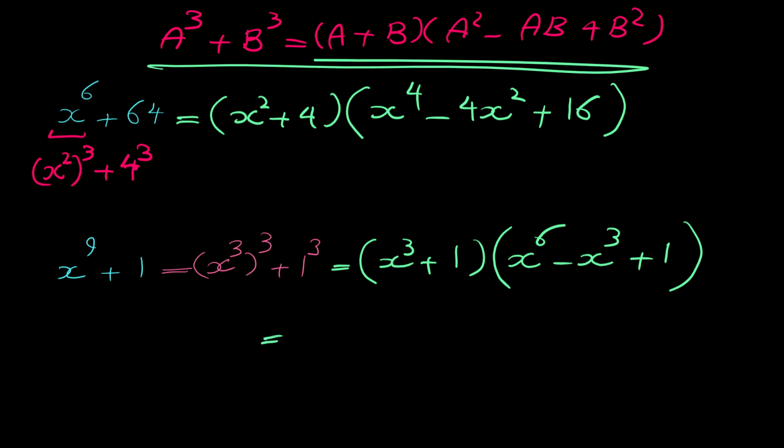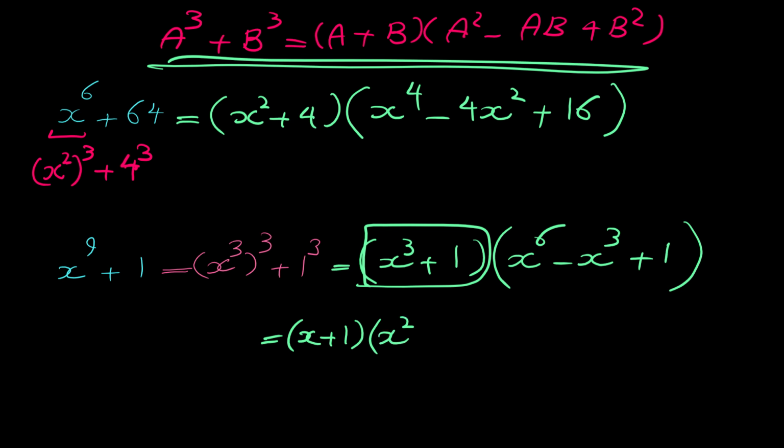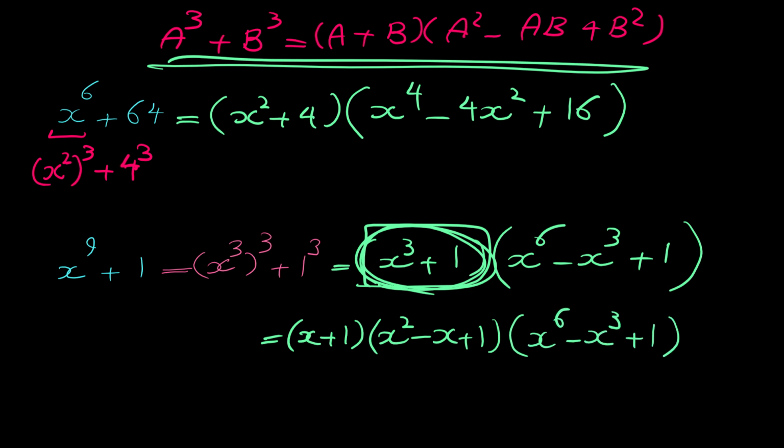Based on this identity, we can write this as x plus 1 times a2, x2, minus ab, minus 1 times x, plus b to the 2, 1, and leave the second bracket. This is the factored form of this expression.